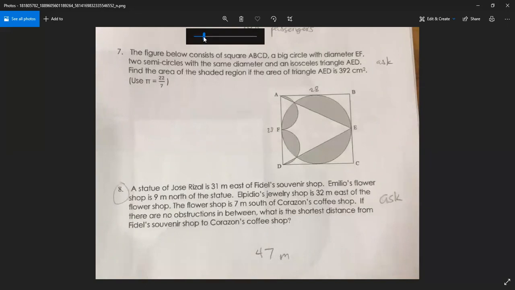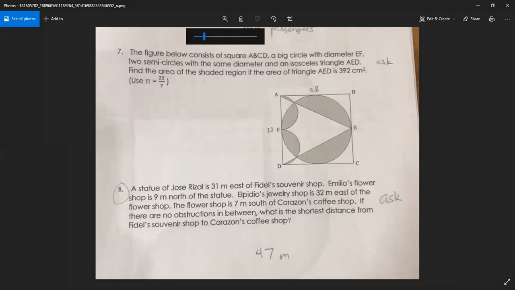Okay, so this one is just a matter of how you are going to place the places in your solution. Now just like what I've said a while ago, you are just going to use the Pythagorean theorem.